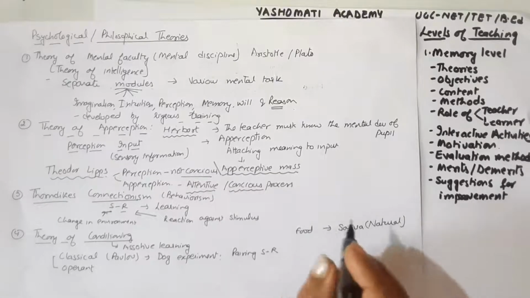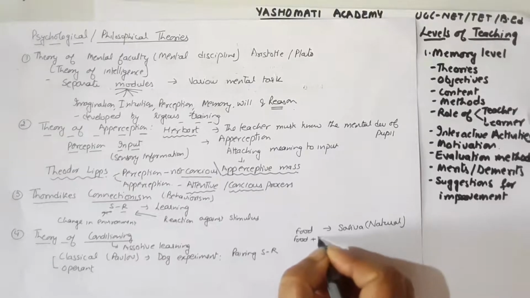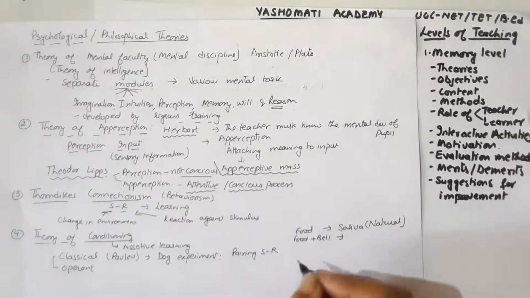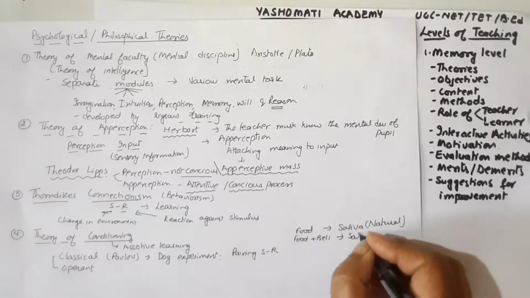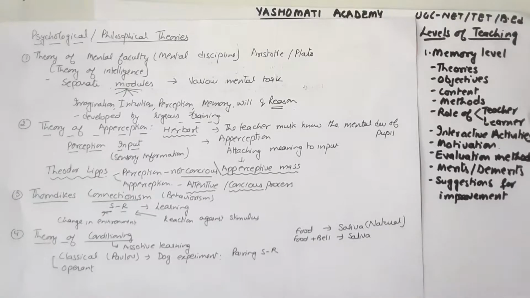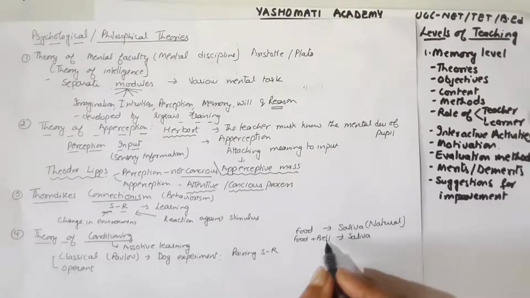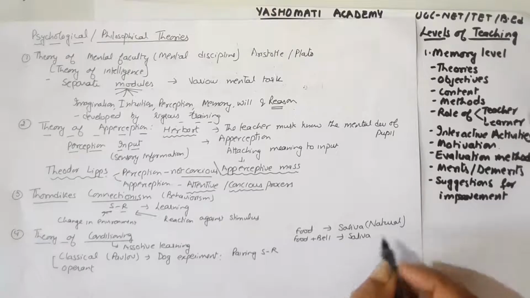For example, if a bell is rung with the food and this is repeated many times and saliva is produced in the mouth, then actually we are combining two stimuli, food and bell together, so that the natural response of producing saliva is seen.